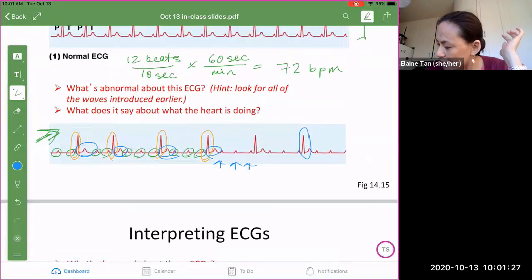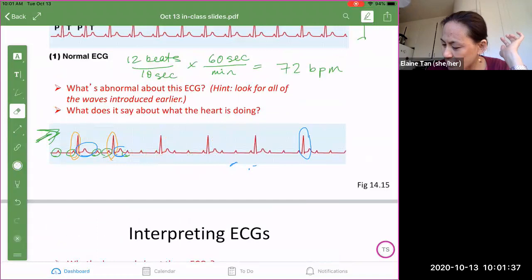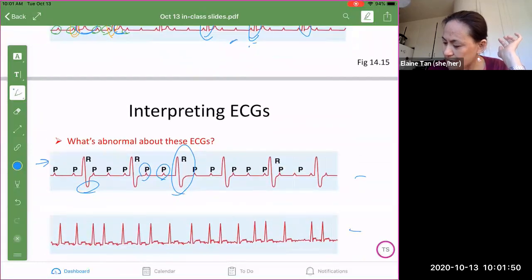The other thing, I don't know if you noticed this, but going back to this graph right here, you can see that when we do have a QRS complex, it is happening at a consistent lag time after the P wave. Whereas down here, you can see that there's a variable time between the P wave and the QRS complex.